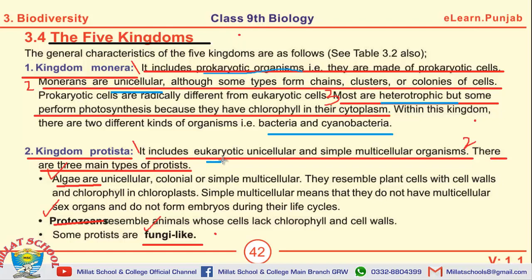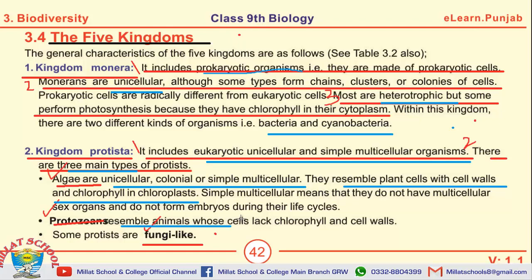Kingdom Protista includes eukaryotic unicellular and simple multicellular organisms. Protista has three main types of organisms. Algae are unicellular, colonial or simple multicellular. Algae resemble plant cells with cell walls and chlorophyll in their chloroplasts. Protozoans resemble animals whose cells lack chlorophyll and cell walls.